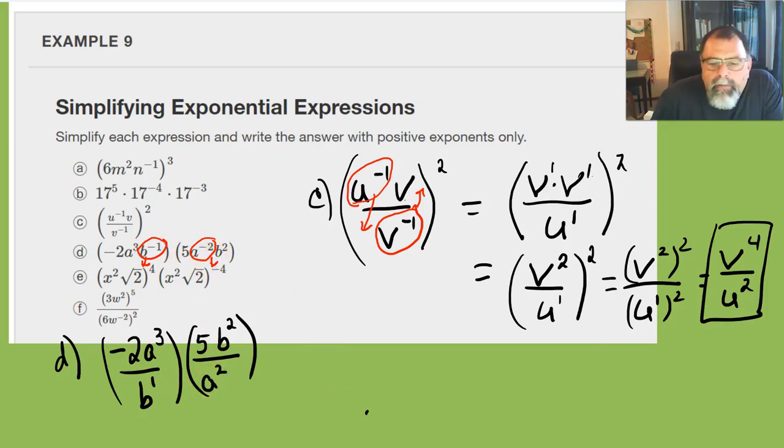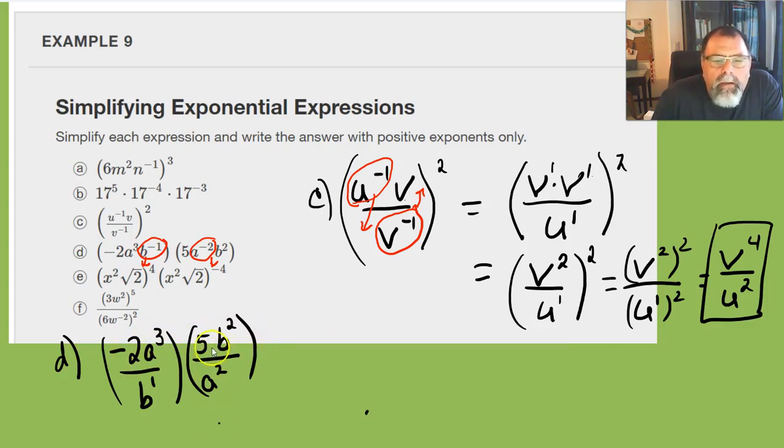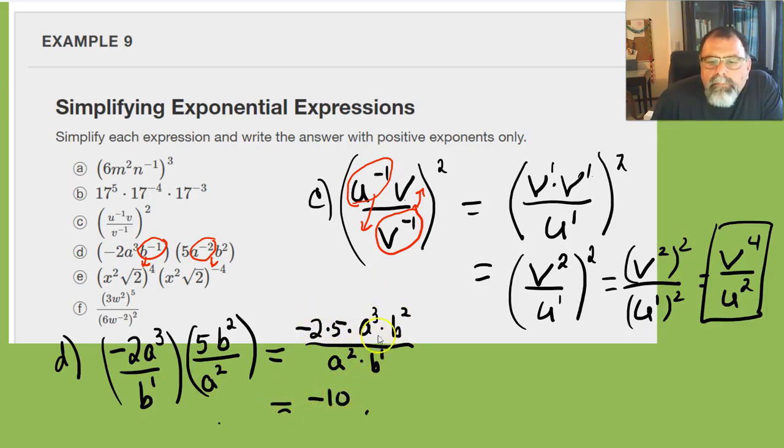Okay, so now, let's see here, it's multiplying, so I'm going to multiply the numerators. Negative 2 times 5 times a cubed b squared. Multiplication is associative and commutative, so I can switch the order like that. And then we like to write things in alphabetical order, so a squared times b. So we get negative 10 on top.